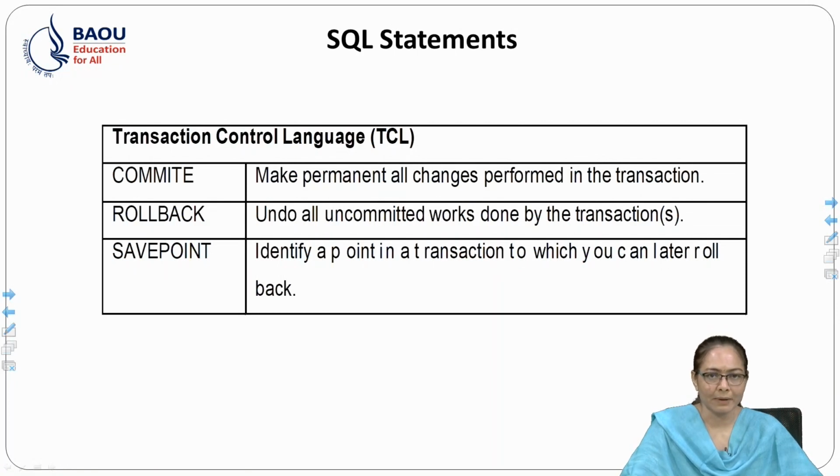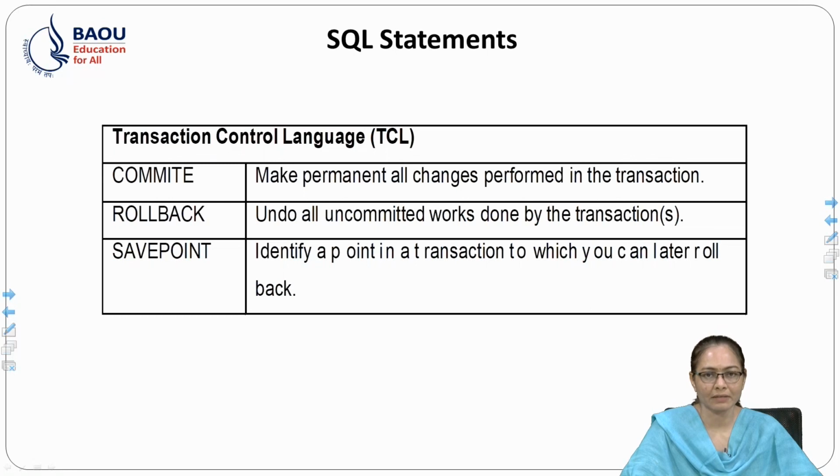Now, rollback command. Rollback command is used to undo all the uncommitted work done by the transaction. It is opposite to the commit command. Like the unsave, it is used to not save the transaction in the database.